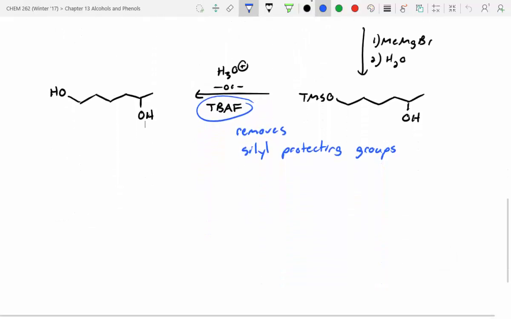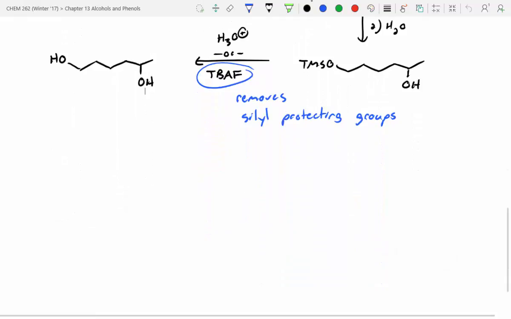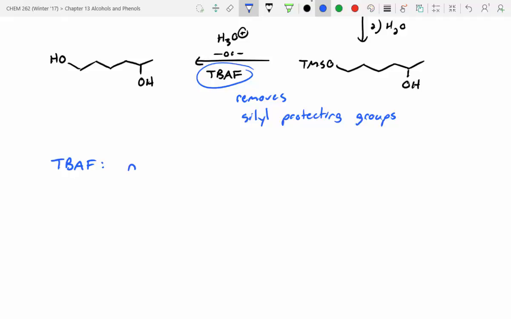All right, so let's talk about what the heck TBAF is. TBAF is N-tetrabutyl ammonium fluoride.